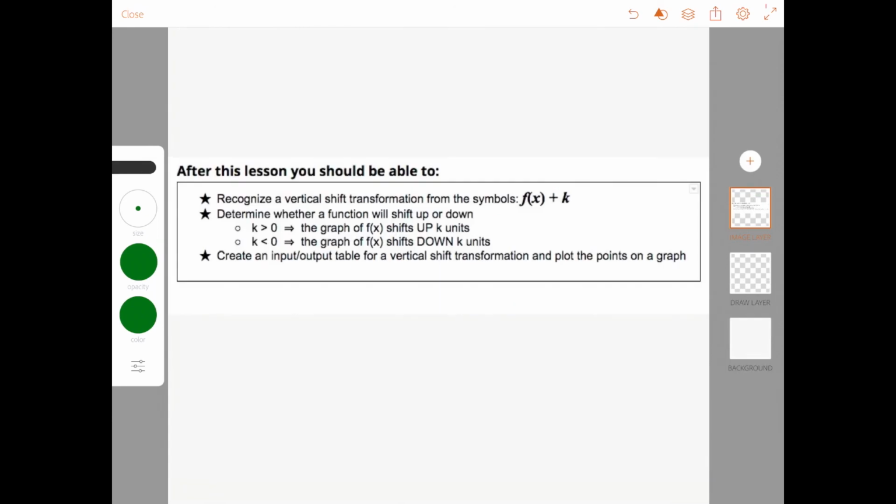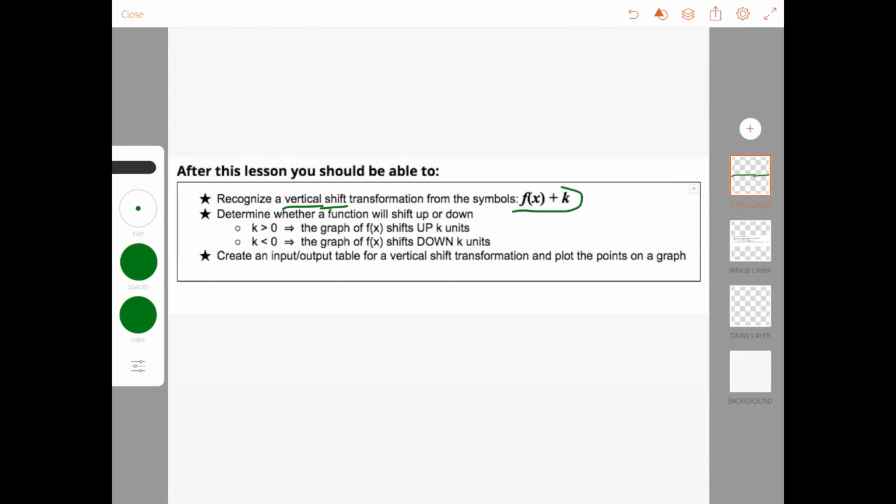So let's make sure we learned all the stuff we were supposed to learn. So can we recognize a vertical shift transformation from the symbols f of x plus k? Well, remember that it can be f of x plus k, or it can be f of x minus k. So as long as you can remember that, then you can recognize a vertical shift.